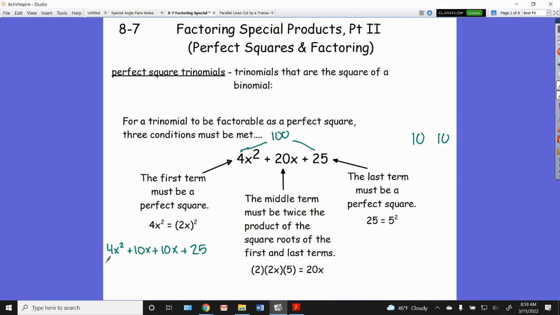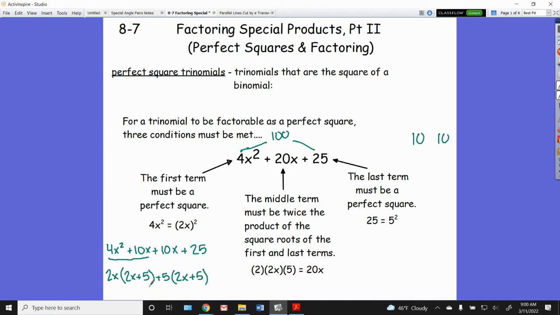And then on this set, I would take out a 2x, and that would leave me with 2x plus 5. And then on this one, I would take out a 5, and that would leave me with 2x plus 5.